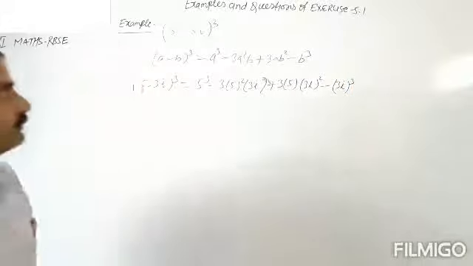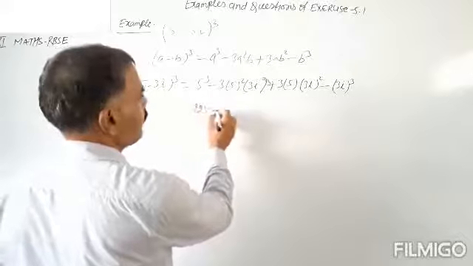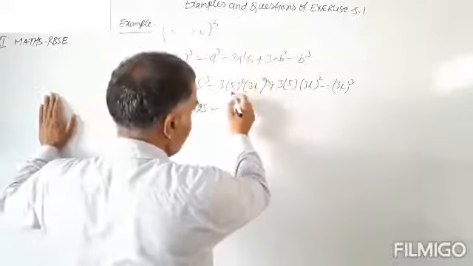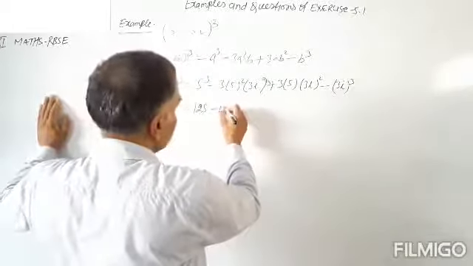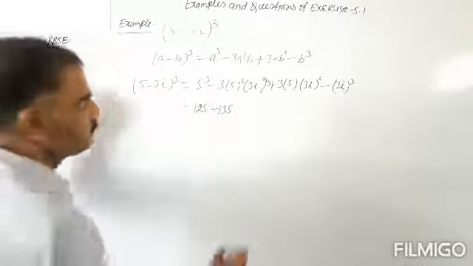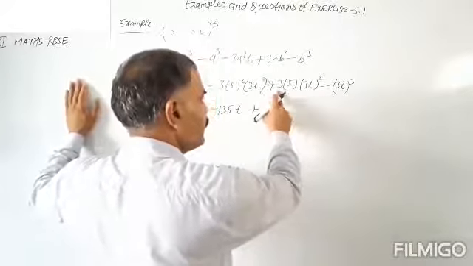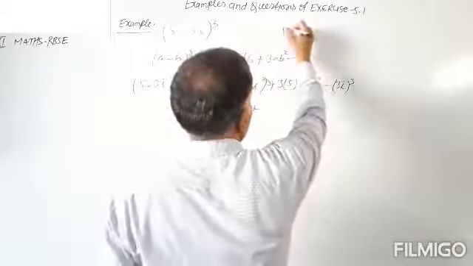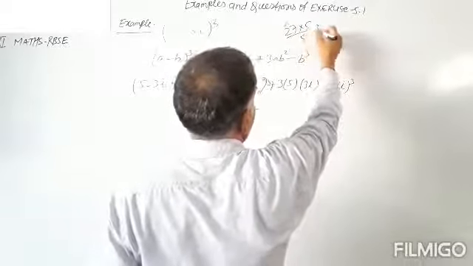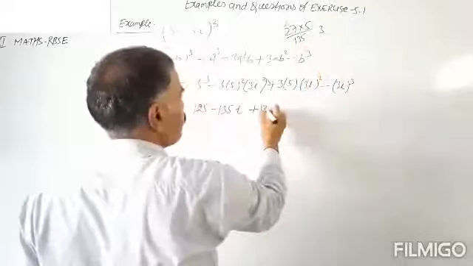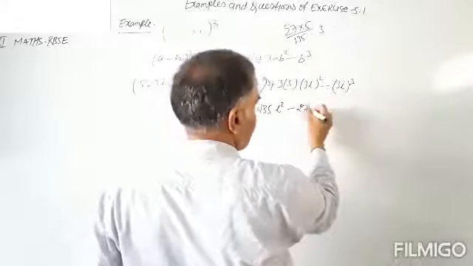Now solving this: 5 fives are 25, 5 twenty-fives are 125, so 125 minus 5 into 25 into 3 is 375... 135 iota plus 3 into 5 into 9 iota square is 135 iota square, minus 27 iota cube.